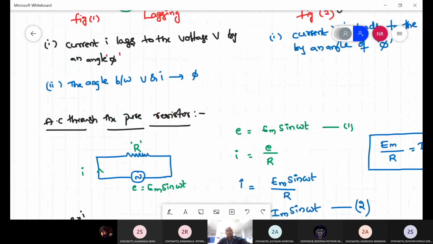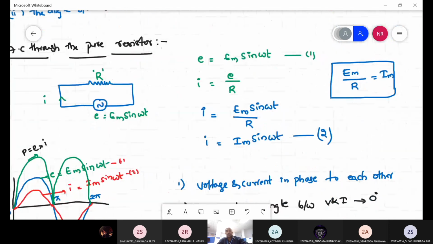Yeah, this is also a derivation. AC through pure resistor. Are you able to see this topic, AC through pure resistor? Yes, sir. So here is the derivation.